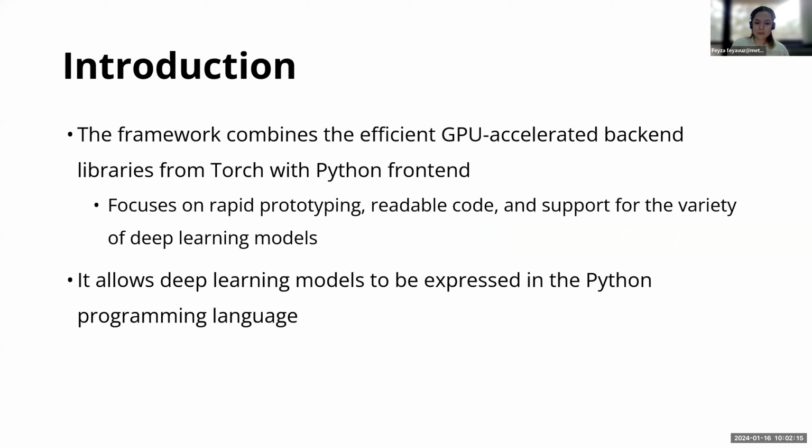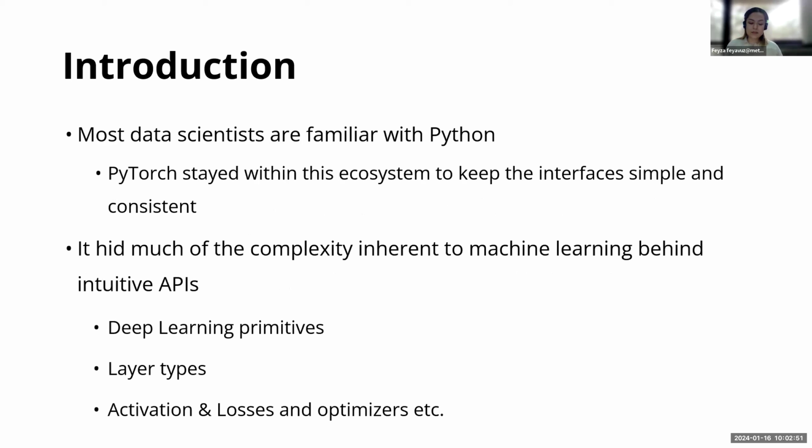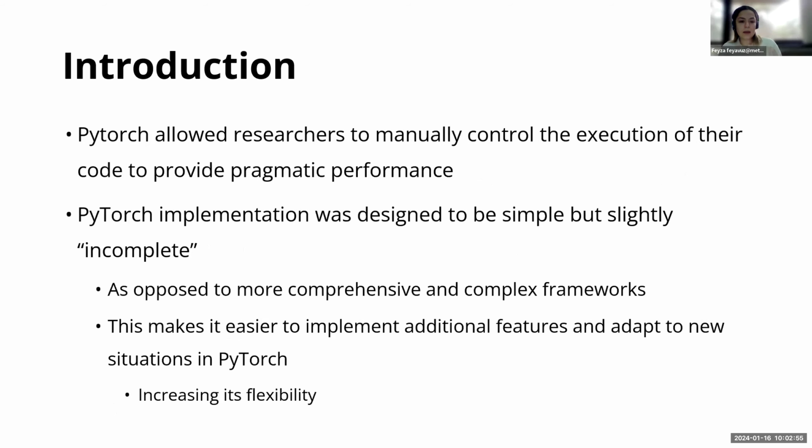PyTorch provides excellent abstraction, which means that it hides the complex parts of the machine learning process behind the APIs, such as the deep learning primitives, layer types, etc. And we only need to write a few lines of code to make complex computations. In PyTorch, we can manually control the execution process, and it's slightly incomplete.